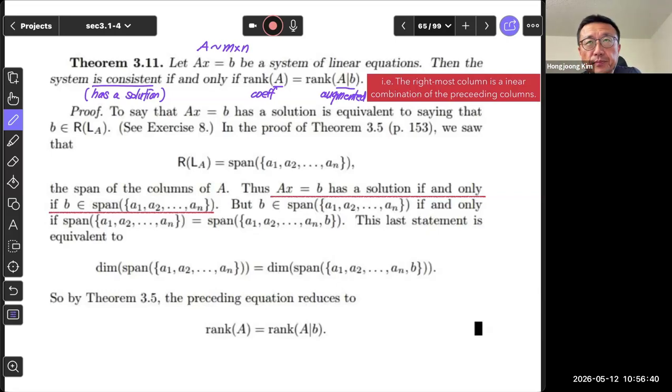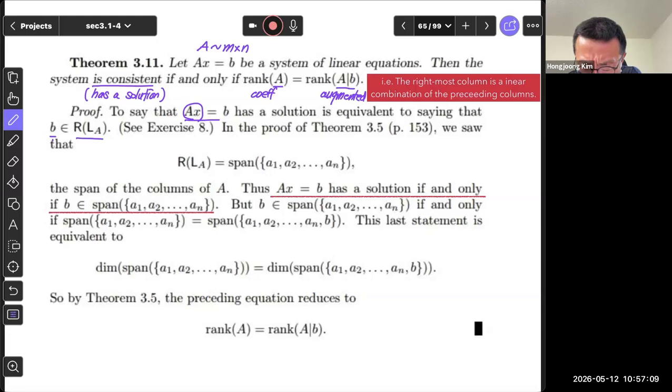So if AX equals B has a solution, then that means, since AX is just representing a linear combination of the columns in A matrix, AX equals B has a solution is equivalent to saying B is in the range of L sub A, right?